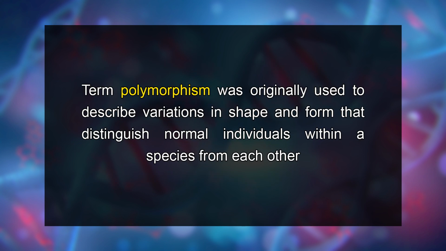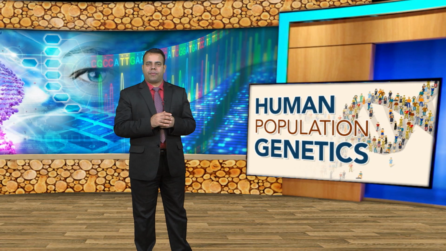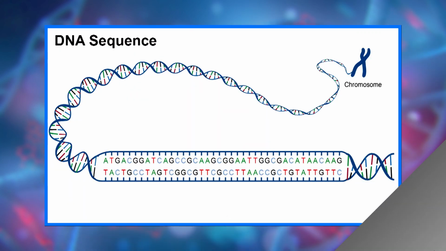The term polymorphism was originally used to describe variations in shape and form that distinguish normal individuals within a species from each other. Presently, geneticists use the term genetic polymorphism to describe the inter-individual, functionally silent differences in DNA sequences that make each human genome unique.